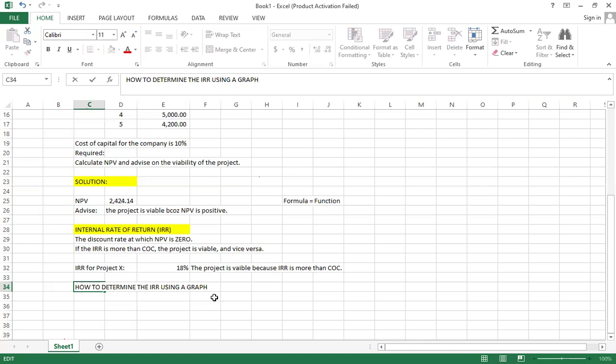If you are told to alternatively show the internal rate of return on a graph, how do you go about it?